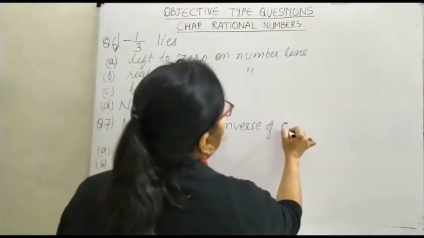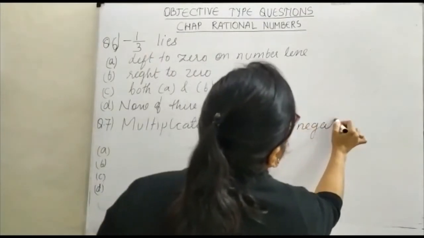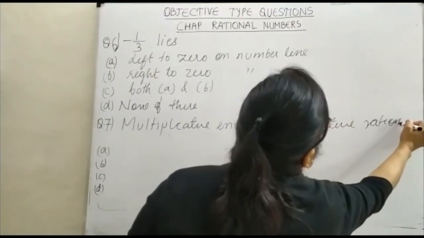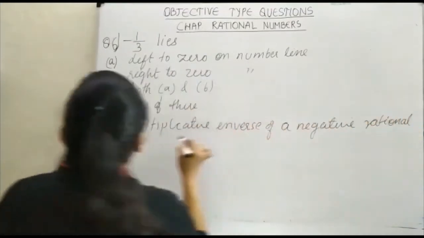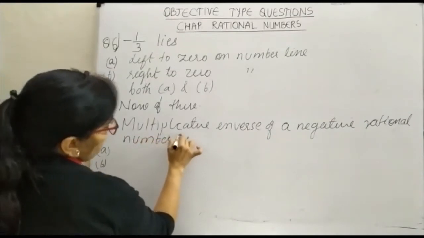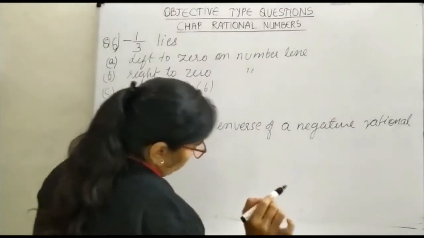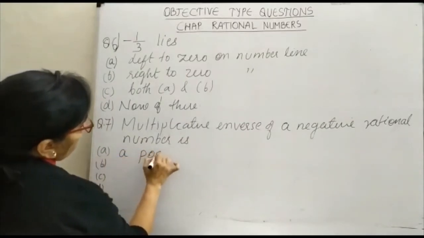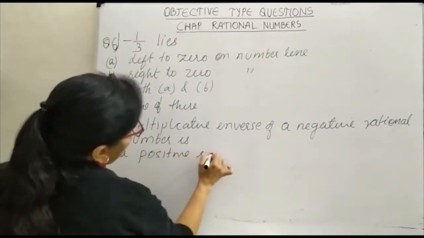First option, a positive rational number. पहला ऑप्शन है positive rational number.